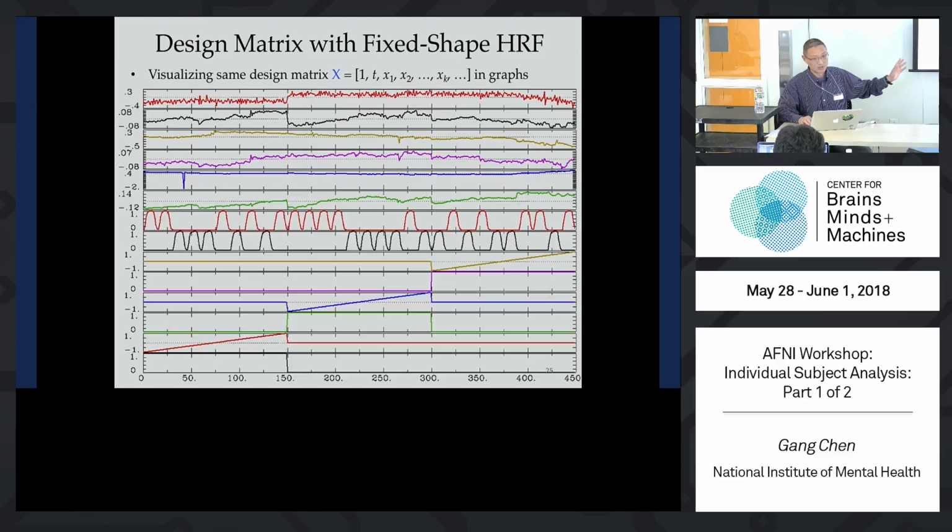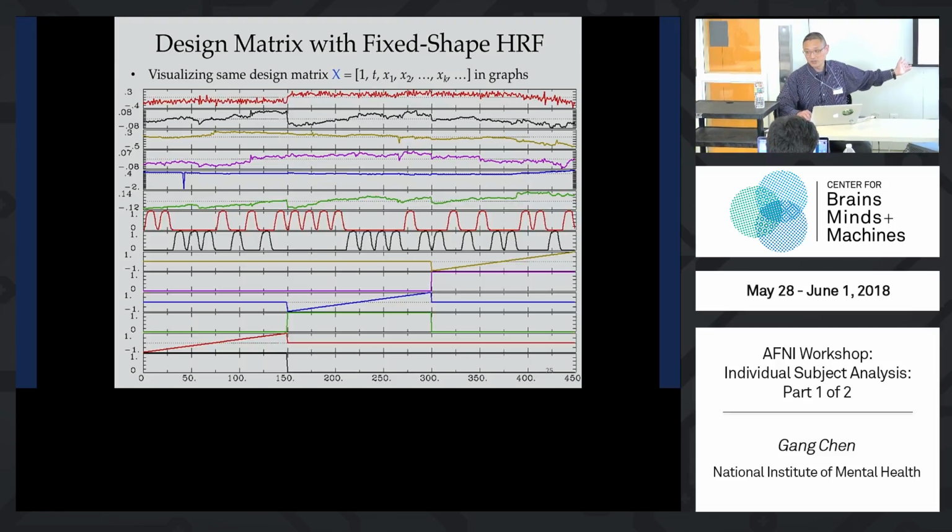But the other software packages, either you have to analyze each run separately, I believe that's the situation with FSL. In SPM, you can concatenate them, you can glue them together, but you have to model each run in a model, like you would have 6 regressors of interest instead of 2. So that's the difference between FMRI and SPM. Any questions about this?